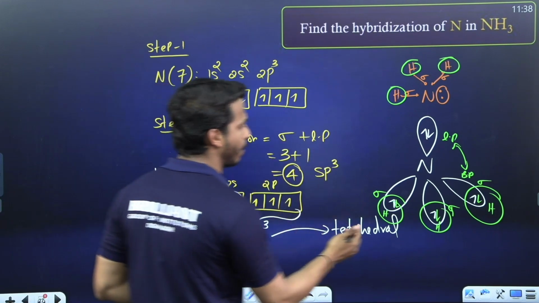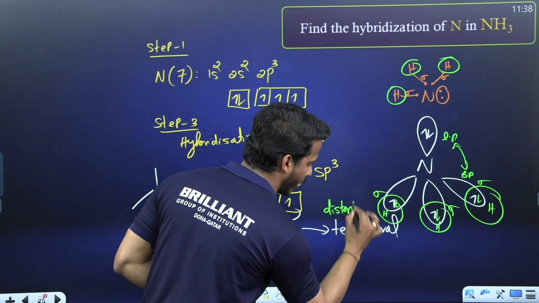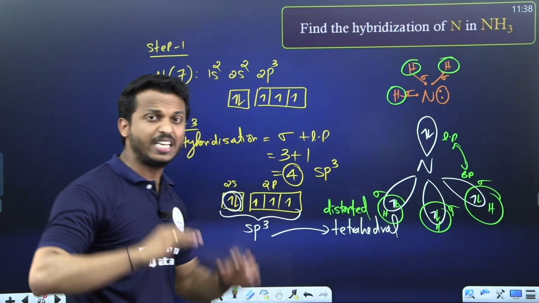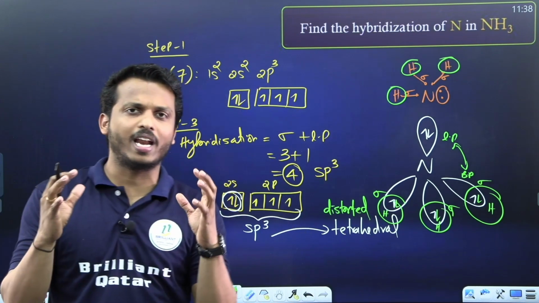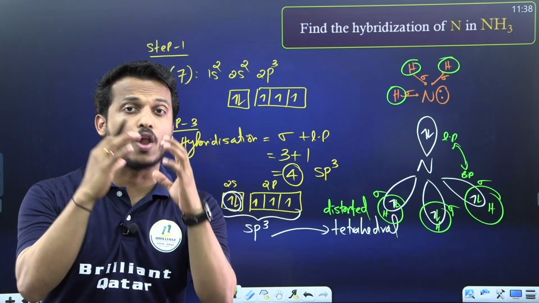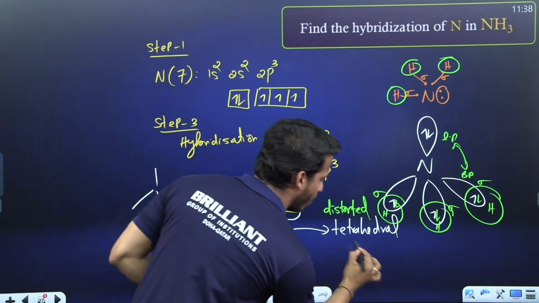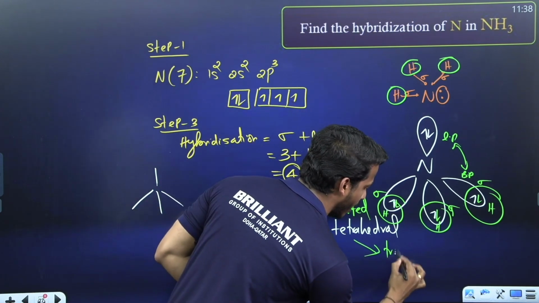So because of this repulsion, this shape is called distorted tetrahedral. Almost we can say it can't exist in tetrahedral shape. It gets disturbed because of the lone pair-bond pair repulsion. So it comes to the shape of ammonia, the correct shape we studied.